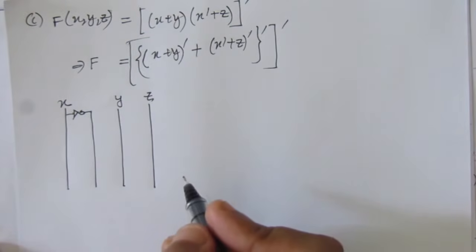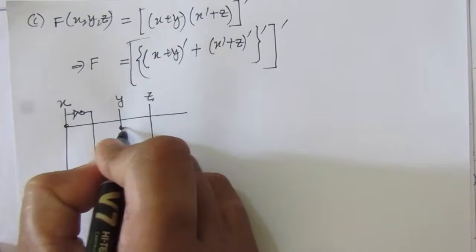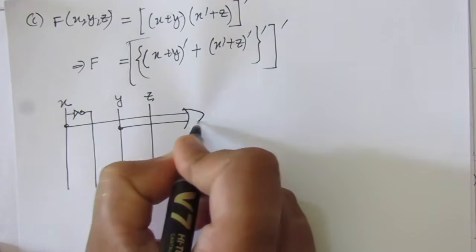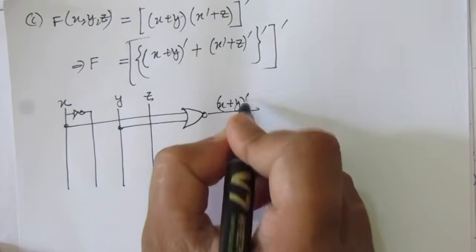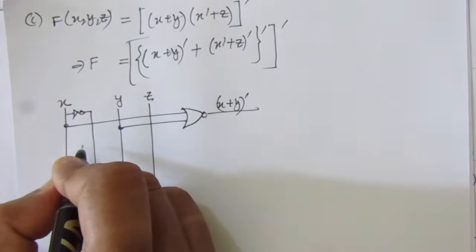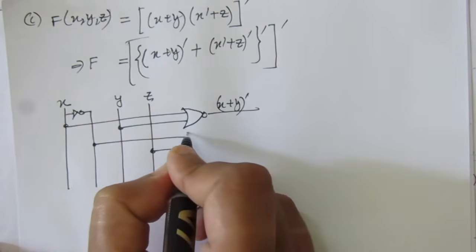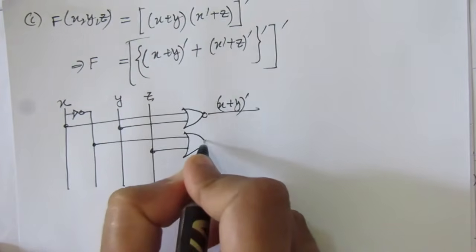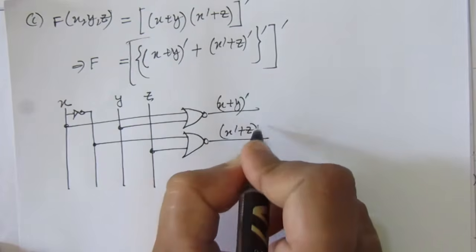For (x plus y) whole bar, we use a NOR gate. Then we have x bar plus z, so we use a NOR gate here and get (x bar plus z) whole bar.